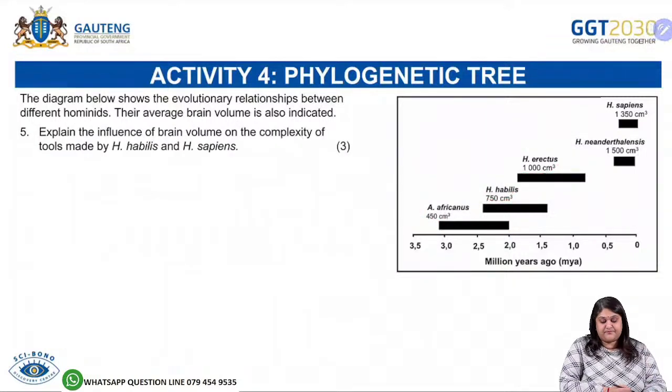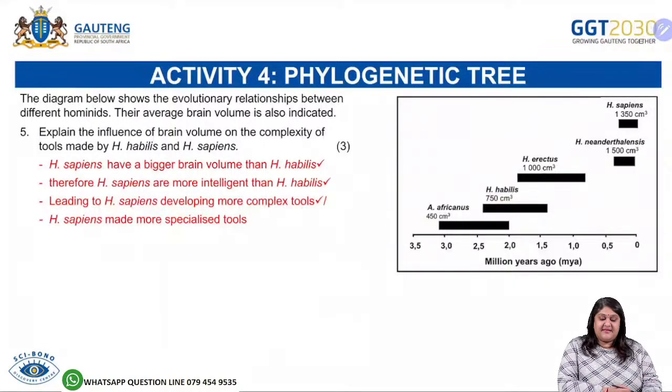Explain the influence of brain volume on the complexity of tools made by Homo habilis and Homo sapiens. Okay, so what does this mean? As we know, Homo habilis is the first one to use tools. And what do we know about the brain volume? We know that the brain volume increased over time, right?